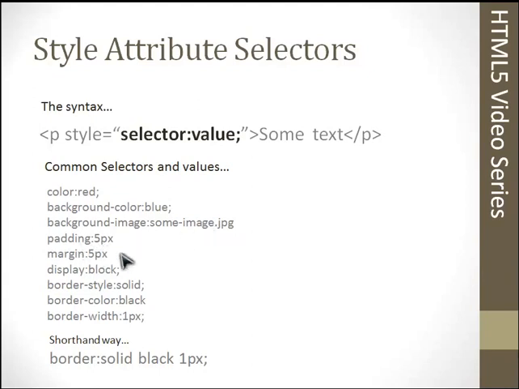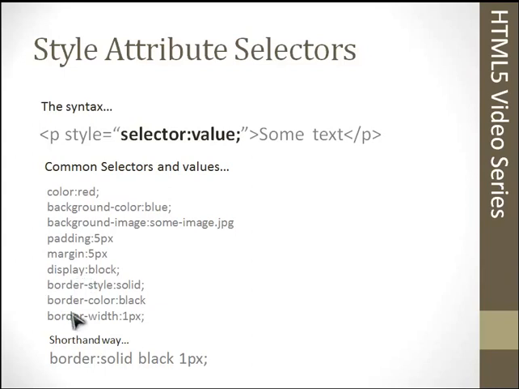Padding, 5 pixels, which is the space around it. And margin is similar to padding, but there is a difference, and I'll get into that in a later section. And display block, we could also have display inline, we could have display none, which would hide it altogether.